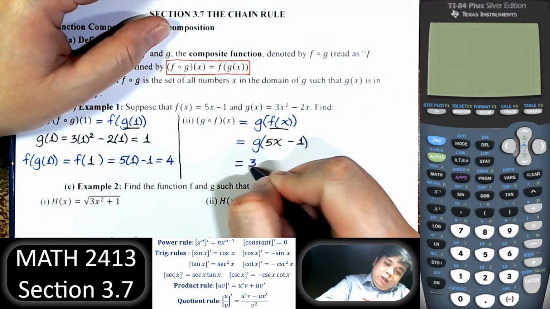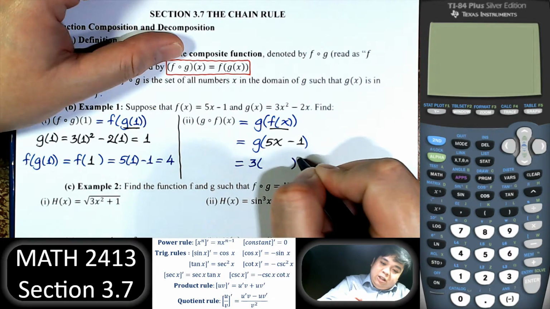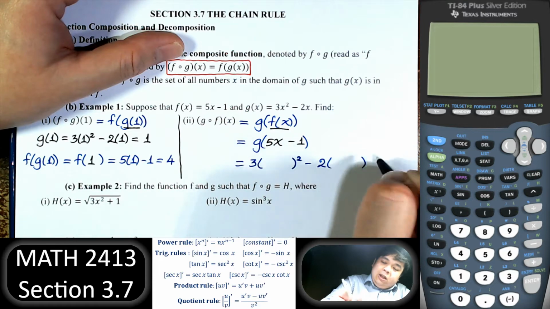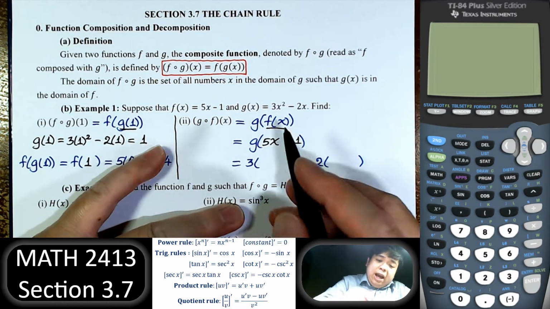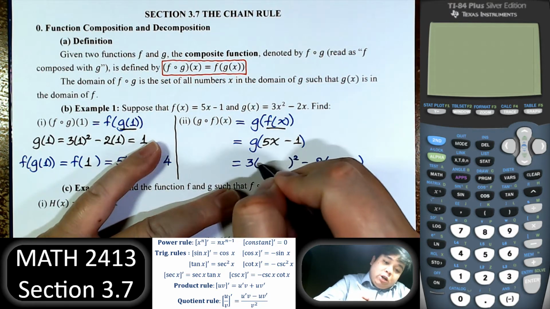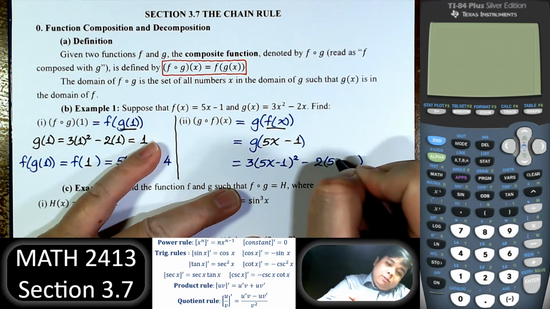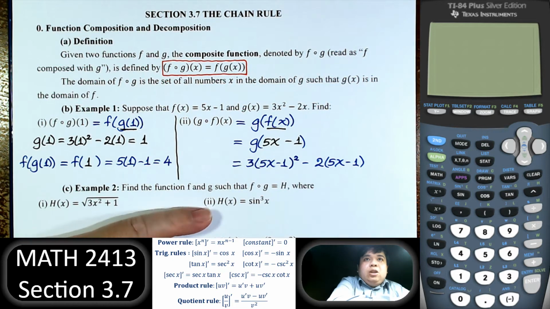So we have 3, and instead of x, we put parentheses. In general, that's what the function g is. Now inside of the function g is 5x minus 1, so we put 5x minus 1 on each of them. Right, so that's what we have.